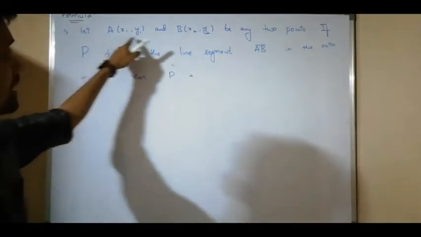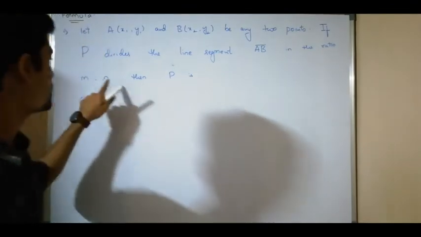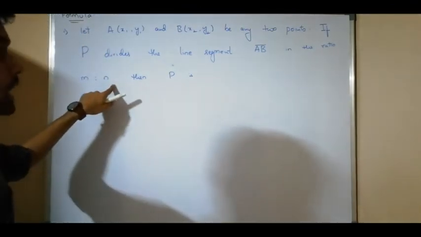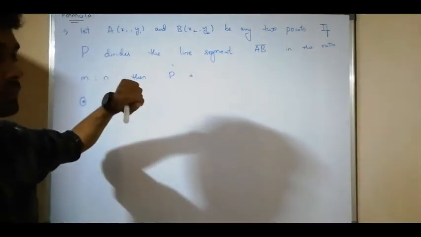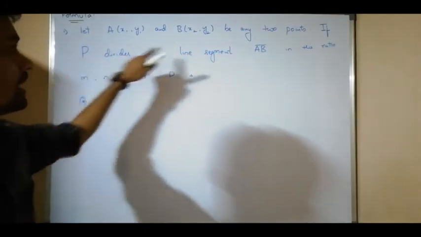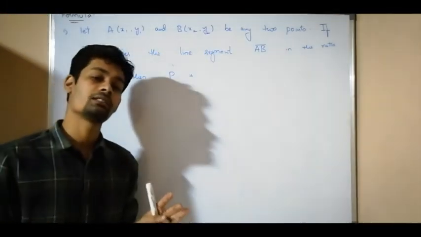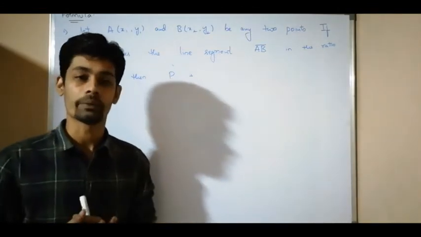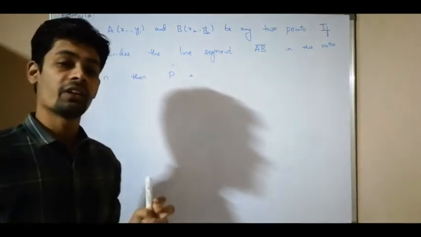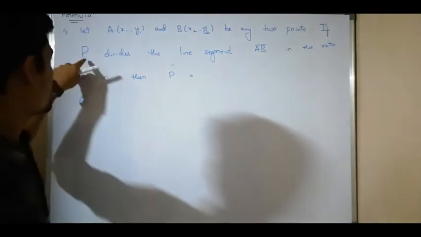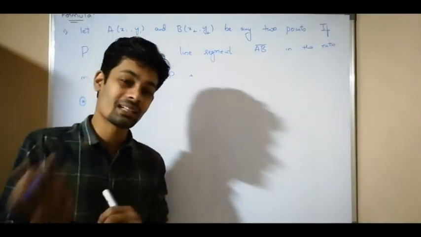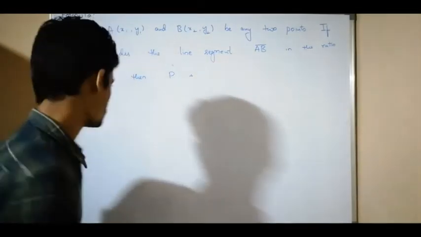If P divides the line segment AB in the ratio m is to n, now we have 2 points A and B, and we know that P divides the line segment AB in the ratio m is to n, but we don't know whether it is dividing internally or externally. Now, if it divides internally, what is the point P? If it divides externally, what is the point P?